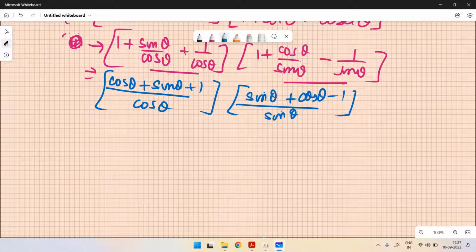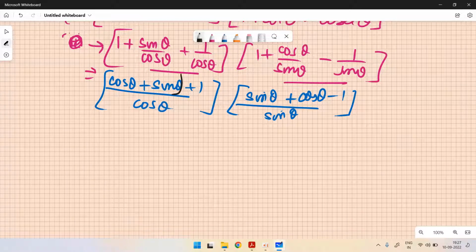Now if you solve further, if I group the terms, this is cos theta plus sin theta, and this is cos theta plus sin theta. There is a plus 1 here, and a minus 1 there. If you multiply a plus b into a minus b, this is nothing but a square minus b square.